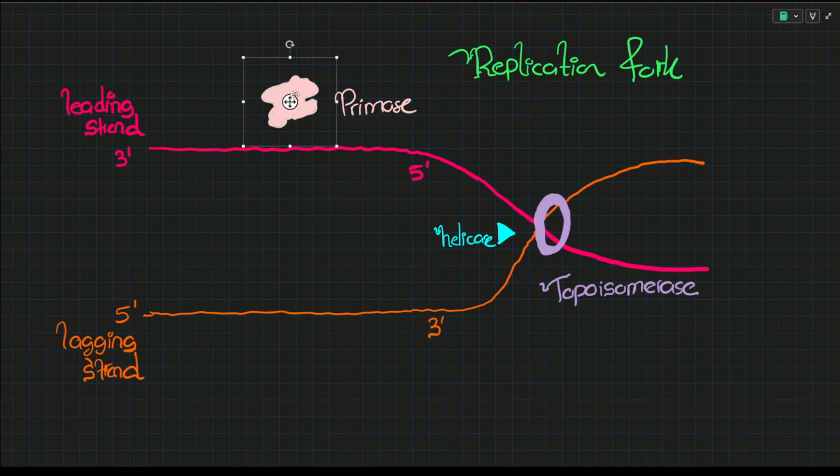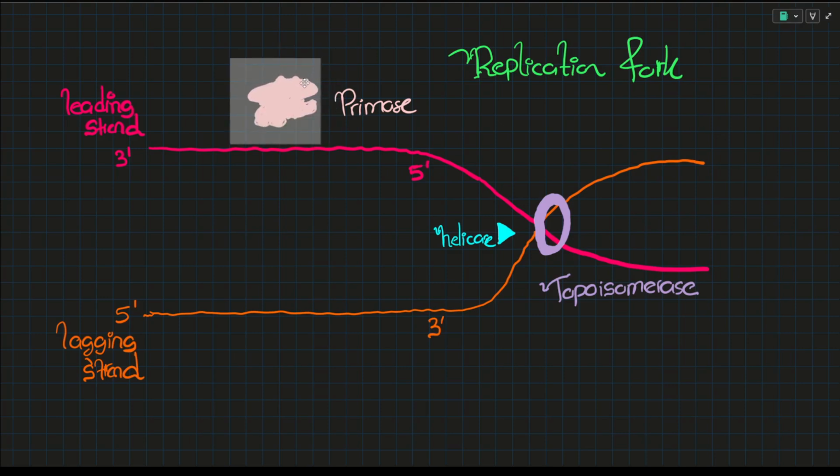What primase does is, whenever DNA uncoils, we have to have a specific point to begin the replication. So let's say we want to begin replication from here. We don't want these parts. We just want to begin replication from here. So we have to have a starting point, and that is when primase comes into play.